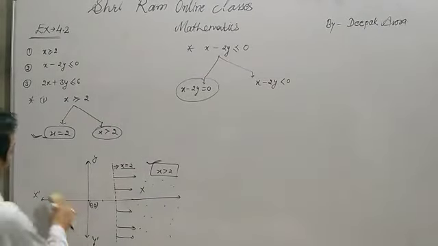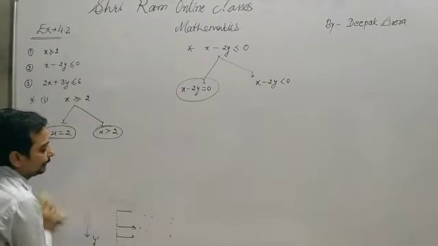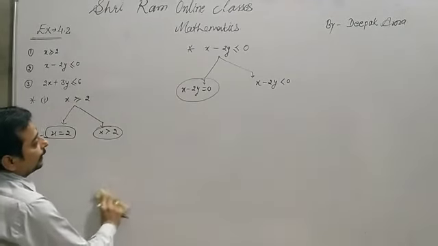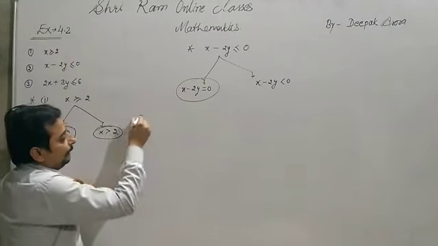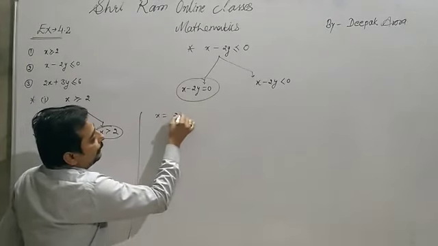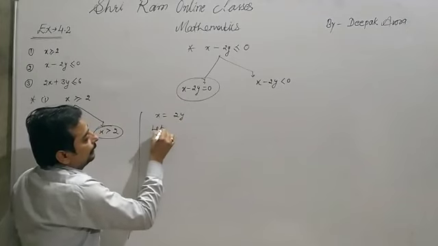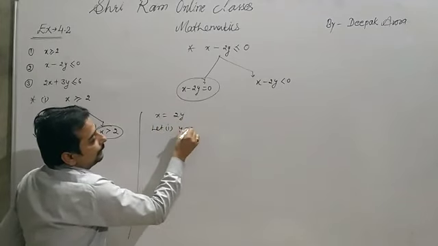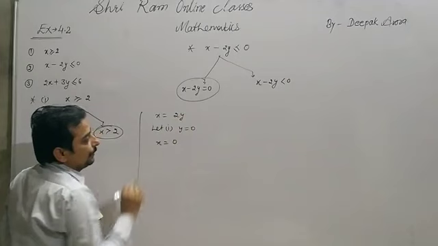So we solve it by the graphical method. We assume a value of y and then x equals 2y. Let the first value y is 0, then x is also 0.